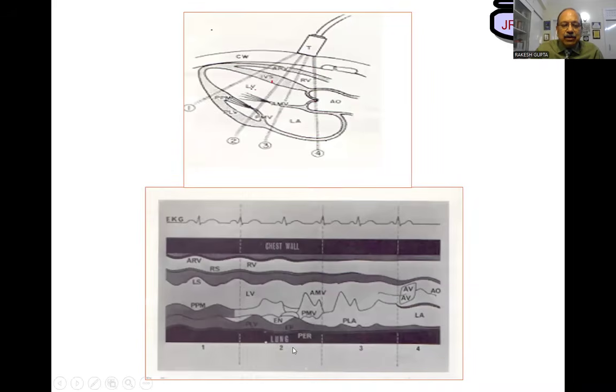So this is what is important for leading edge and trailing edge. Now look at this window over here. This is the RV free wall, or let's say this septum. If I'm talking of this septum over here, this becomes the leading edge of the septum, and this becomes the trailing edge of this septum. So it has a very fine thickness over here.